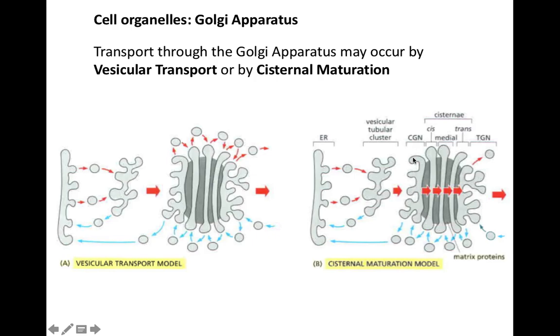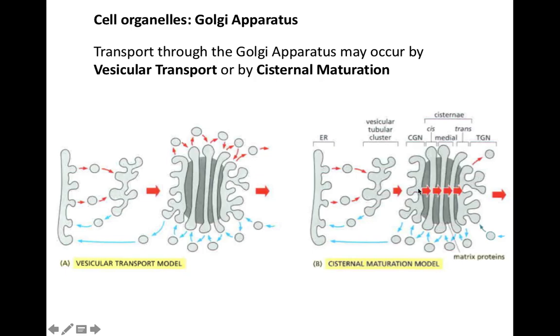Now, rather than the vesicles moving from the cis end towards the trans end, the entire tubular cluster is shifted in the Golgi towards the medial region, and then from the medial region towards the trans face of the Golgi.